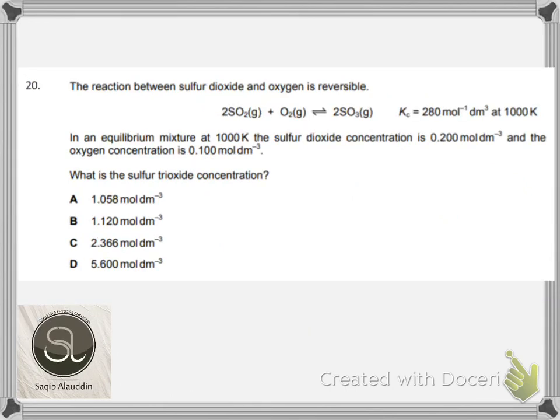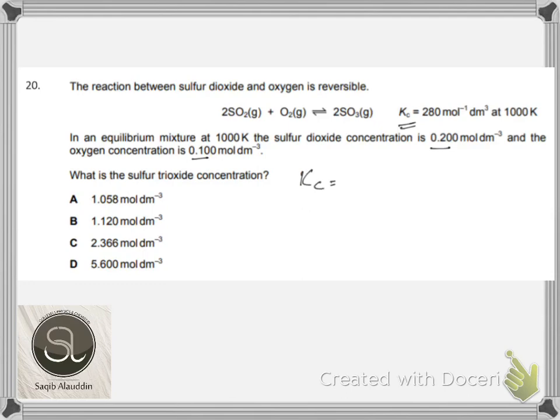Okay, the last question. The reaction is given, and Kc for the reaction is given. It says in the equilibrium mixture, the sulfur dioxide concentration is 0.2 and the oxygen concentration is 0.1. What is the sulfur trioxide concentration?